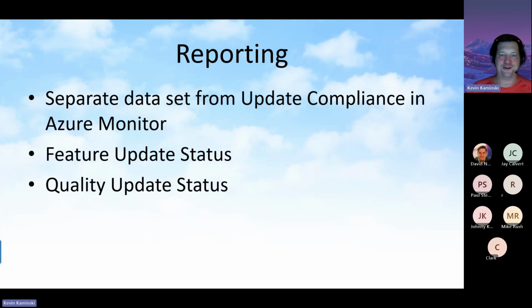It goes into Azure Monitor as a global data ingestion service, and then has reports you can consume that way. Outside of that, there are reports on your feature update deployment and your quality update deployment. There's a little bit of fracturing with reports because you have two data silos, and I'm still trying to find out exactly where the Autopatch data lives, because I know where the stuff in Azure Monitor lives, but the Autopatch data I'm still trying to figure out.